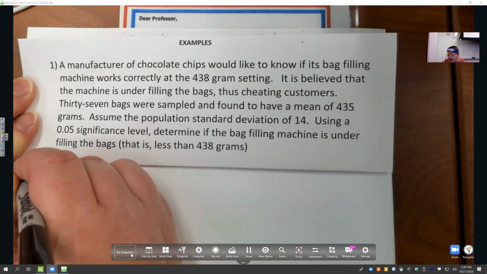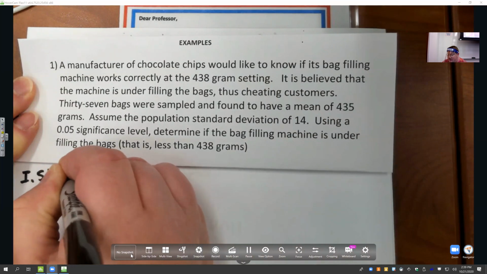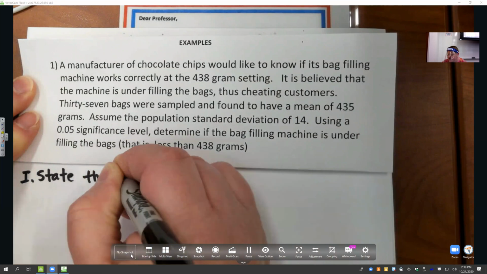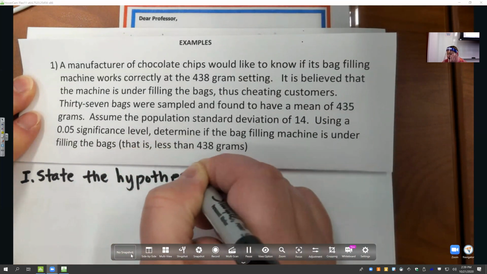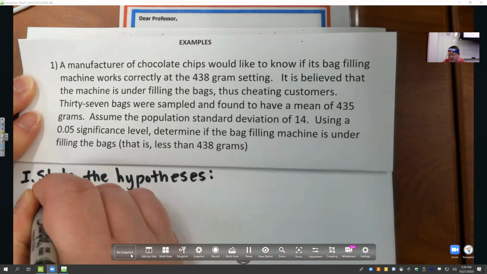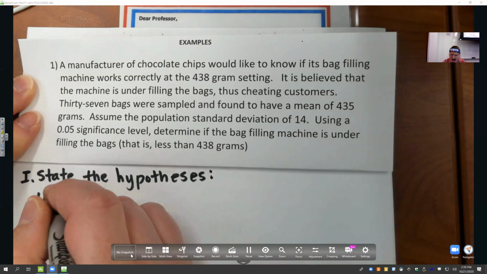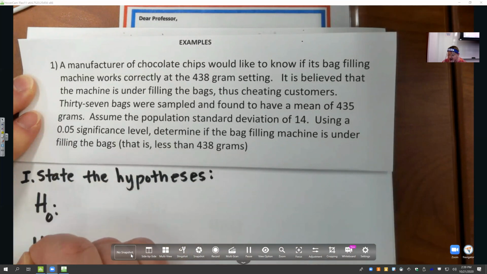So if we're thinking about step 1, we state the hypotheses. Now guys, in the homework and in the practice problems, these are set up as matching, not matching, as a multiple choice or fill in the blank.